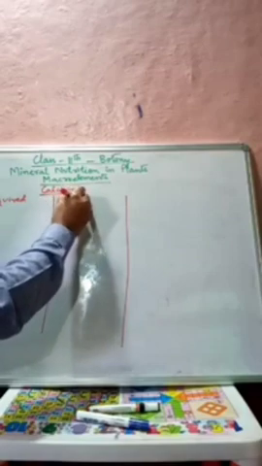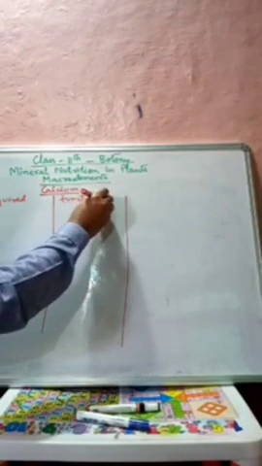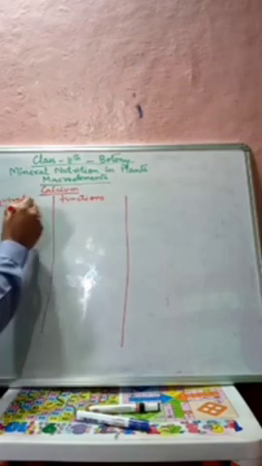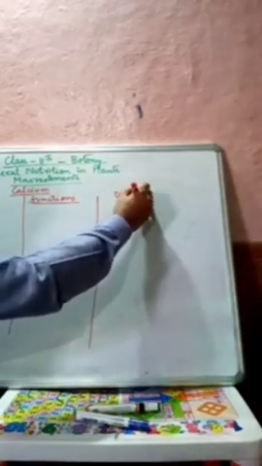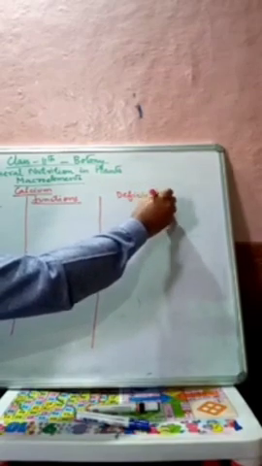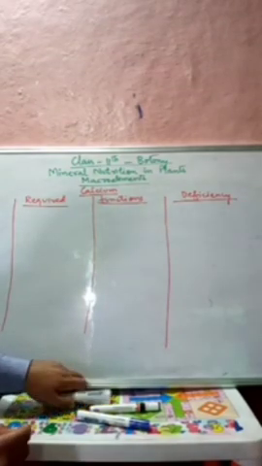Third, their functions: the various functions performed by calcium. And last one is the deficiency. If we know the functions and where they are required, we can simply determine the deficiency of this element.